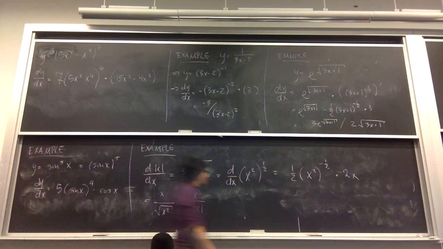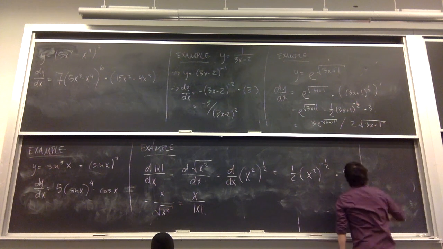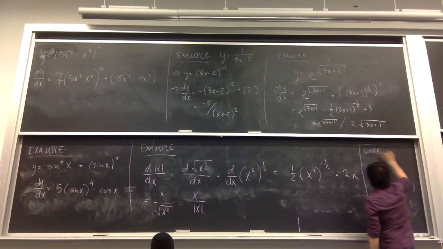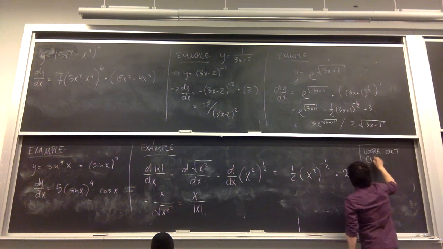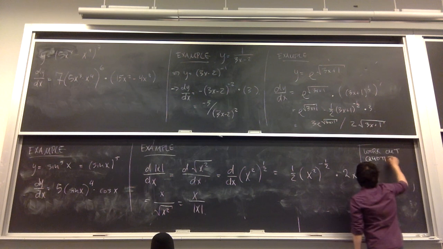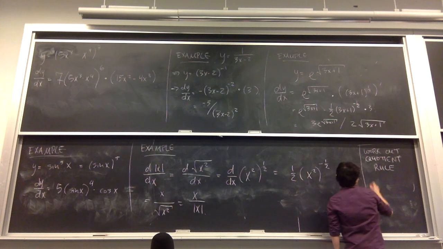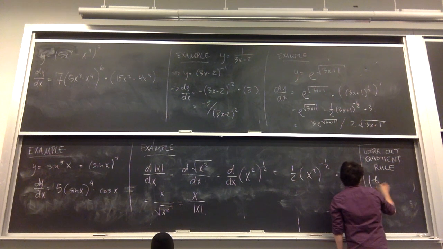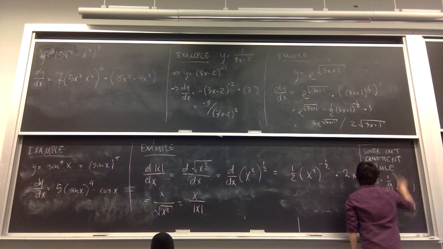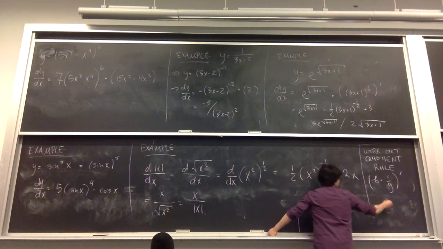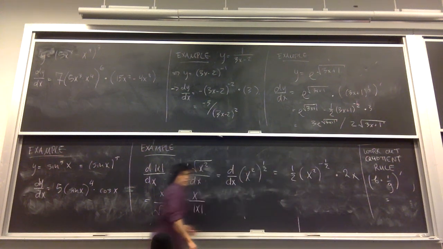Okay, so another one while I wipe down the board. I want you to work out quotient rule. Take the derivative of this now and see what you get. That's complicated.